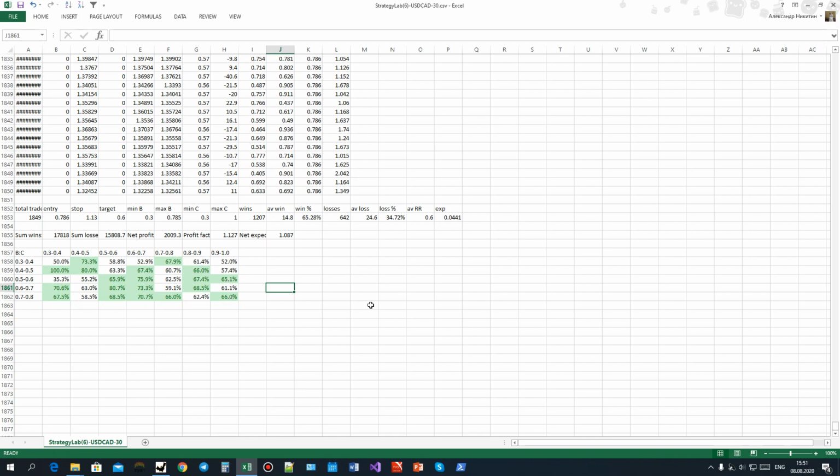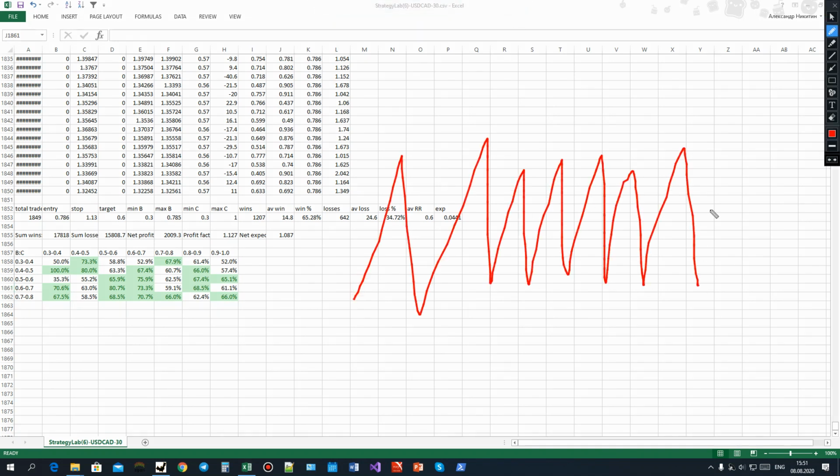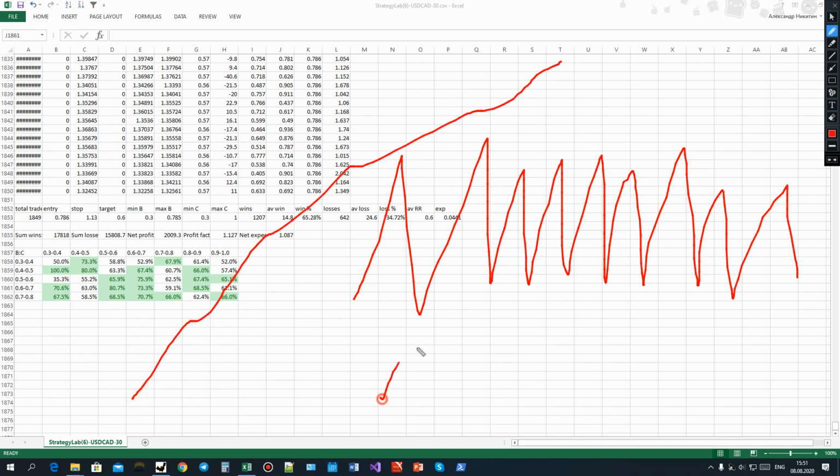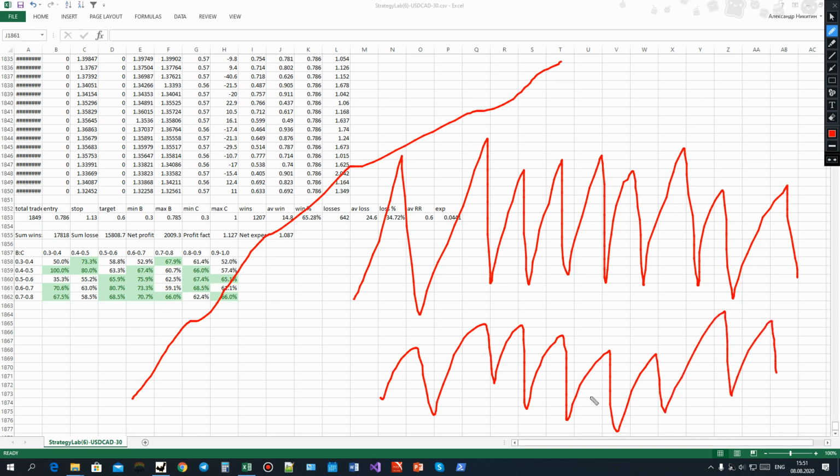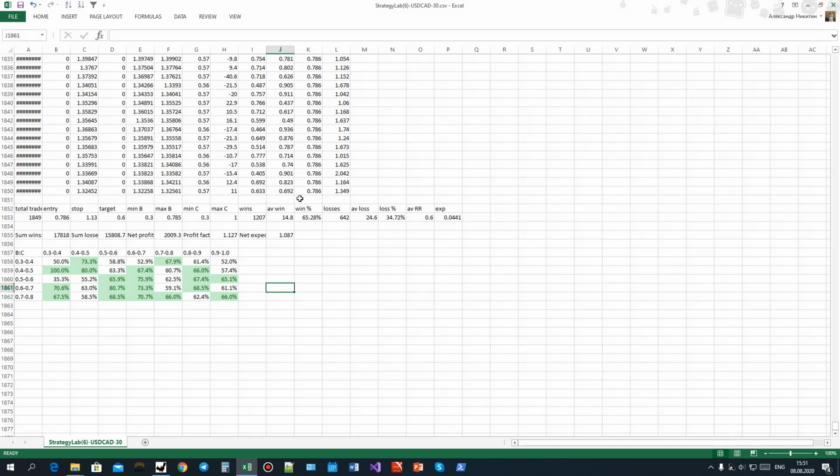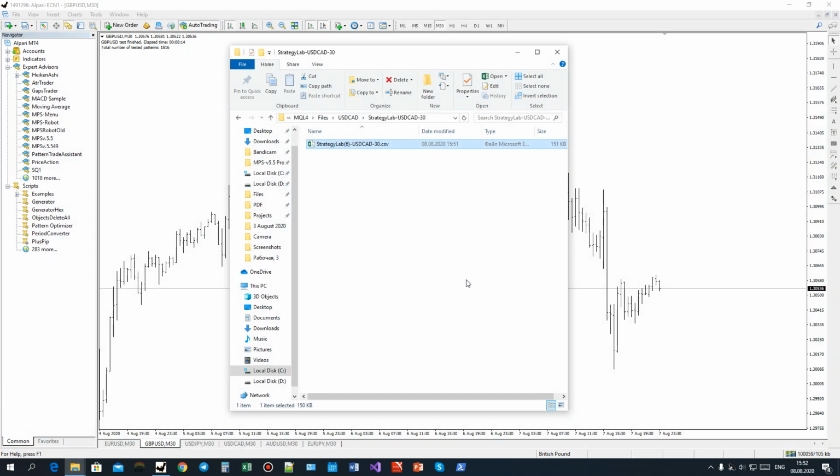Well, it is pretty typical for dollar Canadian, because dollar Canadian is the type of pair that moves this way. It is not trending like other pairs. This pair is moving this way. That's why we find lots of Gartleys that work on that pair. It is expected for that pair. Save this. And then don't save that.